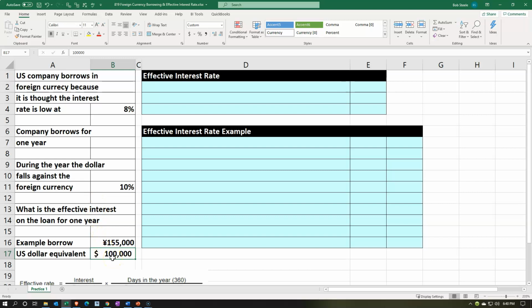The dollar got weaker, so it would take more US dollars to pay off the same amount of yen. So if it's a payable, and we're paying back in the foreign currency and the US dollar got weaker, now we're going to have to pay back more in US dollars to pay off the 155,000. So that basically acts like a loss.